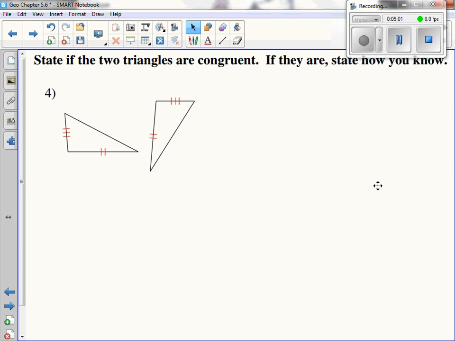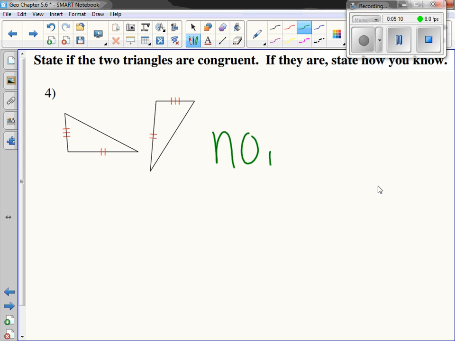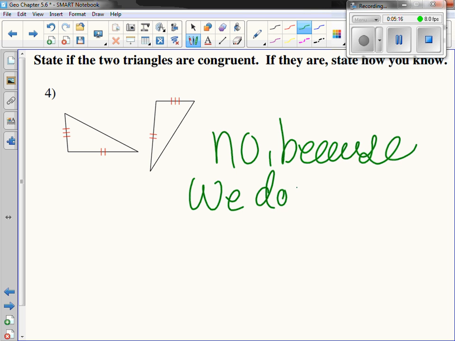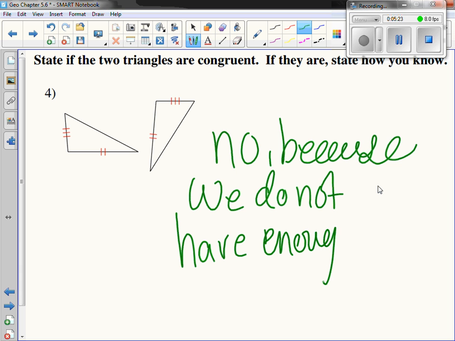Can we say that these two triangles are congruent? No, we don't have enough information. Because what we do have is a set of sides that are congruent.